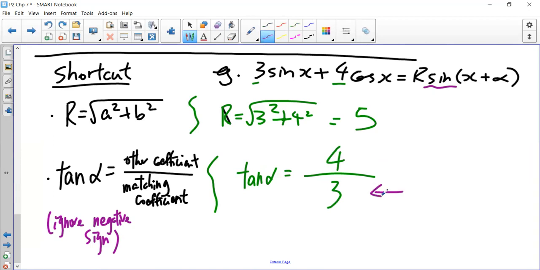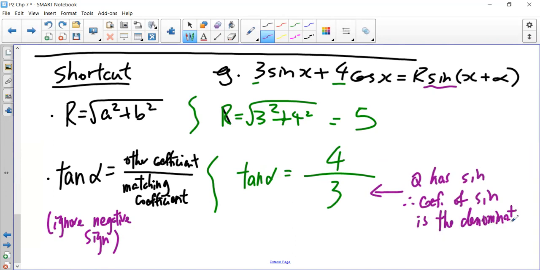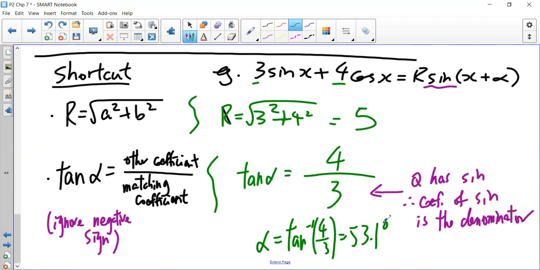So the question has sine, so the coefficient of sine is the denominator. And then you can find alpha quite easily. So arctan of 4/3, which is 53.1 degrees, and that's your 2 marks, right?